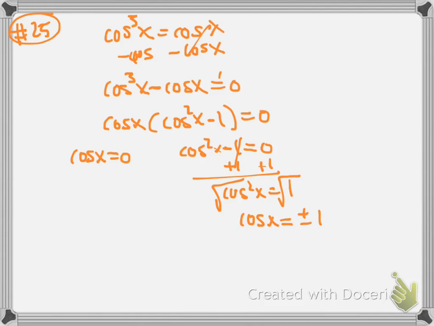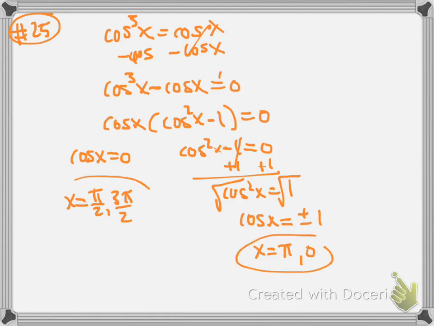So if you take a look, cosine is going to equal 0 at pi over 2, 3 pi over 2. And cosine is going to equal plus or minus 1 at pi and at 0. So that gives me all 4 answers. Remember, the key to this problem was setting it equal to 0 to start.